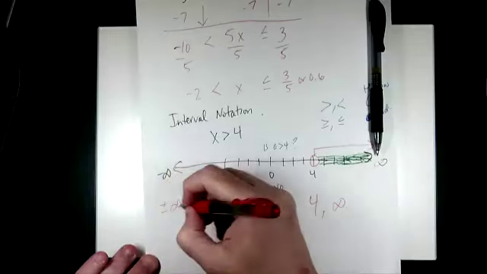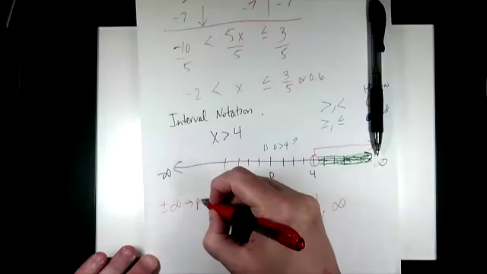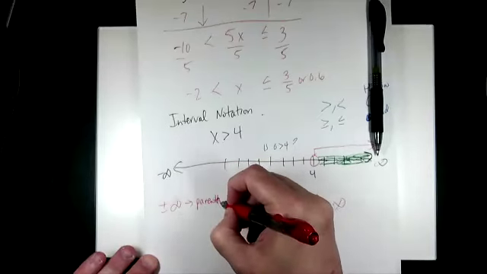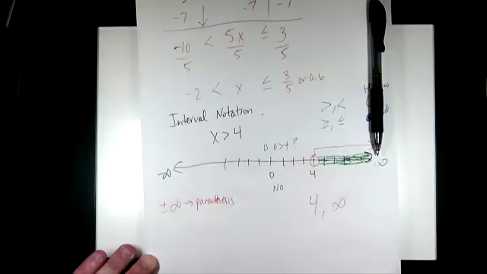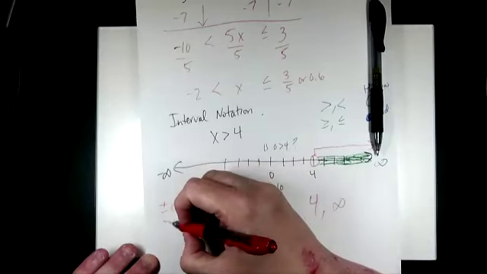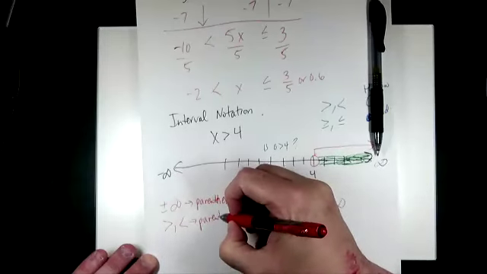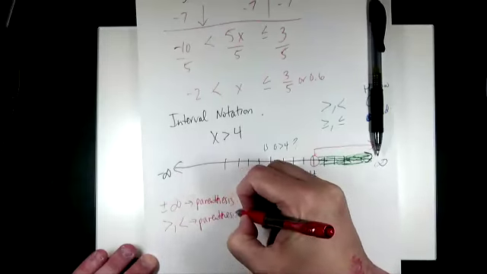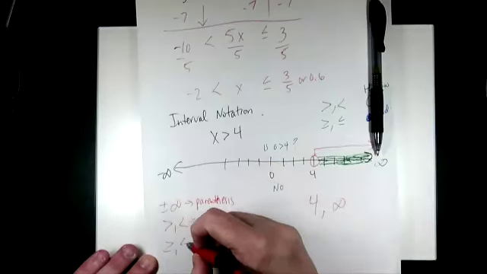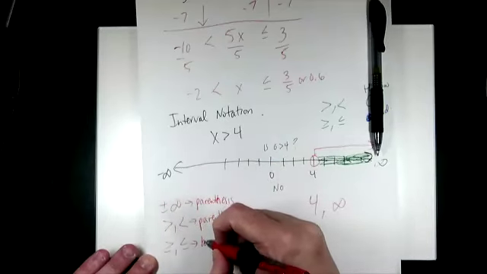Infinities, both plus or minus, are always parentheses, as are values that are greater than or less than. These are parentheses. If we have greater than or equal to or less than or equal to, we get a bracket.